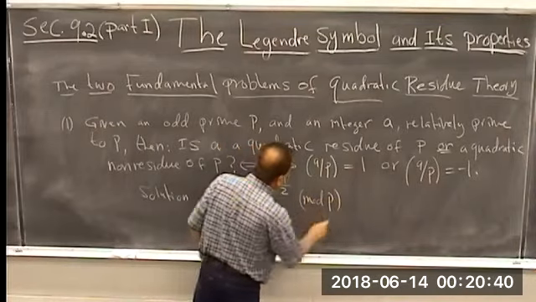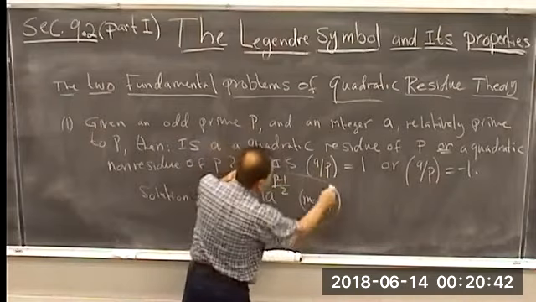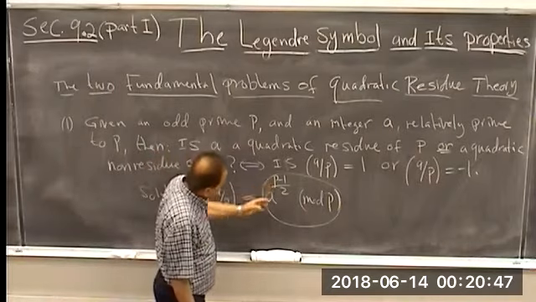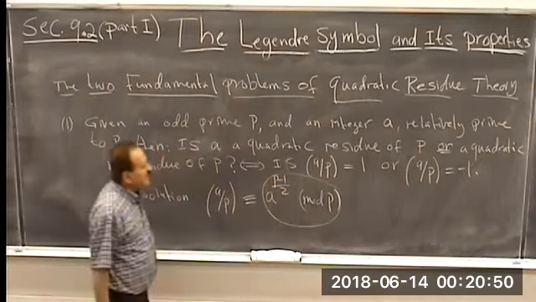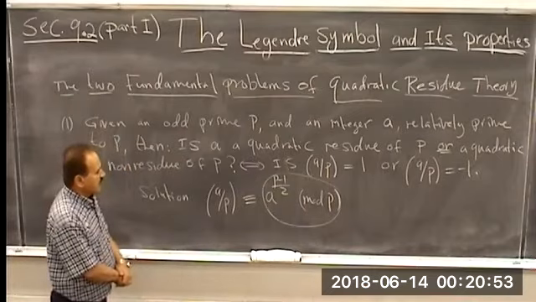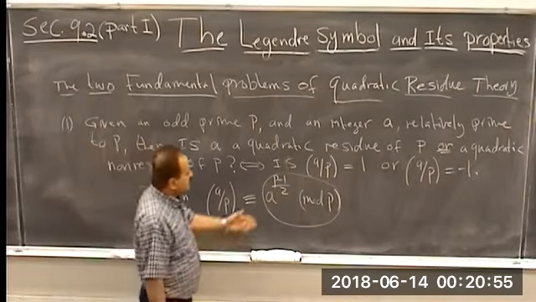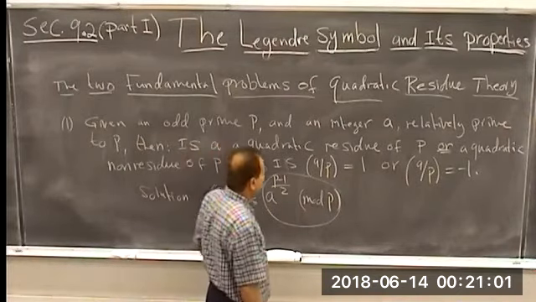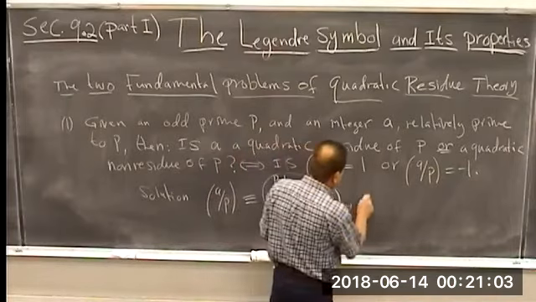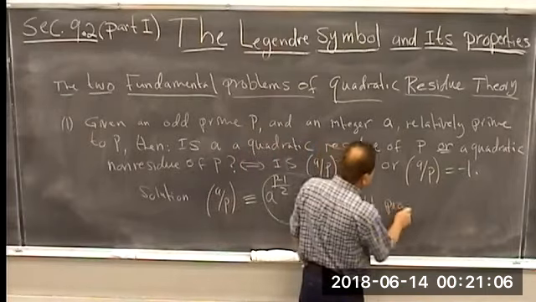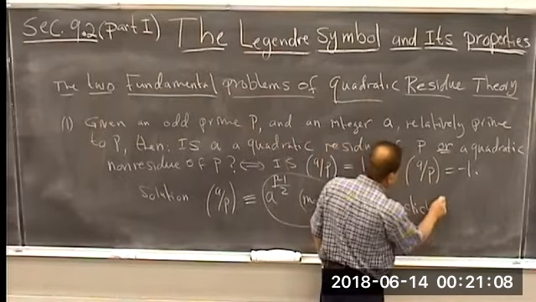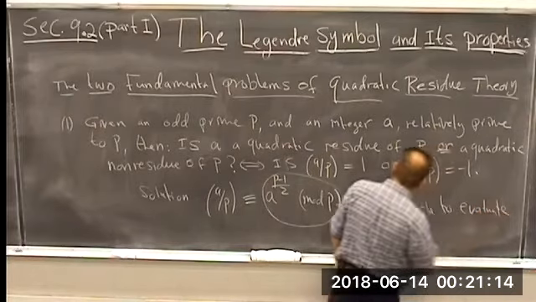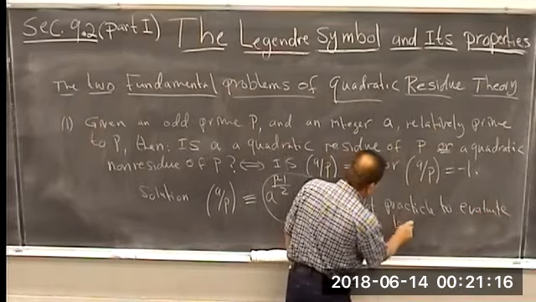So by evaluating this power mod p, if it is 1 or -1, then we have the answer. The only problem with this is that it is not practical to calculate a to the power (p minus 1) over 2 for large values of p. So this is not practical to evaluate for large primes.